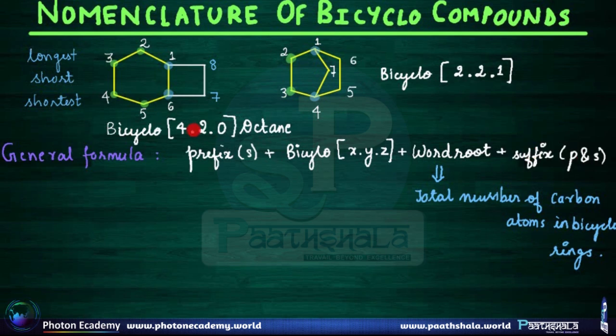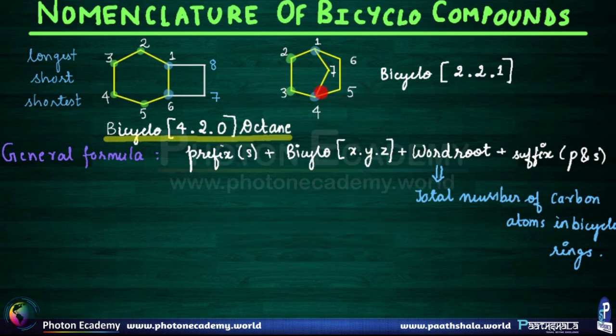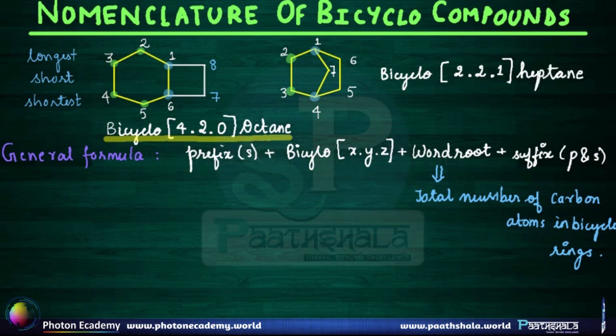So this is the correct IUPAC name for this compound. And if I talk about this compound now, the word root will be heptane because there are 7 carbon atoms present in the bicyclic ring. So the correct IUPAC name for this compound is bicyclo 2.2.1 heptane.